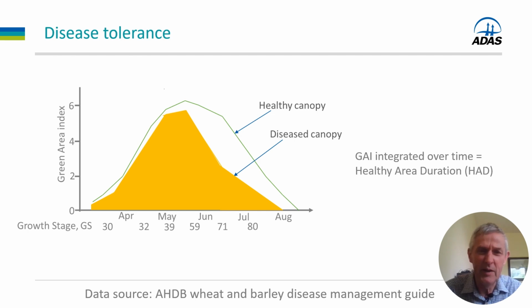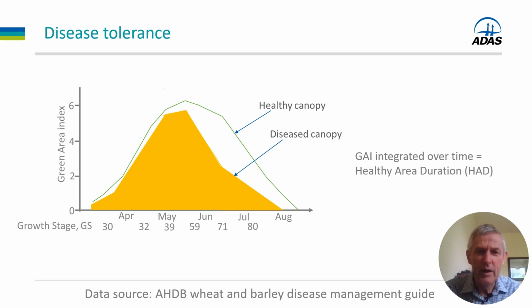And we discussed that if we add up all the area of green area index under this curve, we end up with a measure of canopy duration, which we're calling healthy area duration, or HAD.